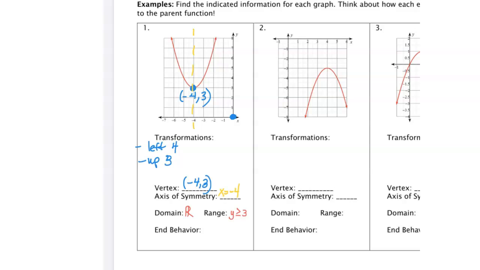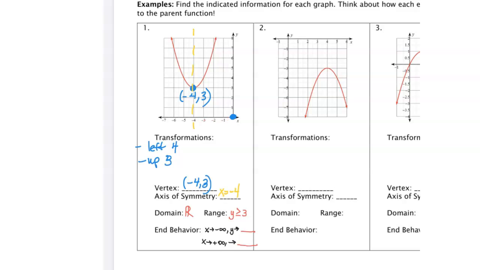The end behavior will have two statements. As x goes towards negative infinity, y goes towards, and we'll be filling in our blank. And the other one, as x goes towards positive infinity, y goes towards blank, and fill in that blank. So x is on the left when they're negative.